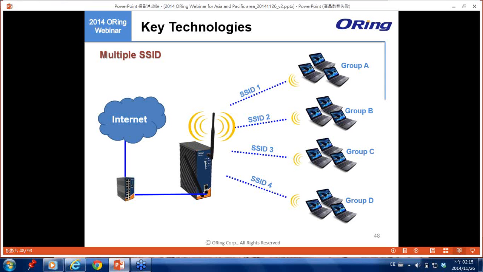We can separate different groups, like group A, group B, group C, and group D, connected to different SSIDs, and all of these groups can be set up to be separate from each other. In this case, group A will not be able to access group B, so this is one purpose for security, and another is for easy management.